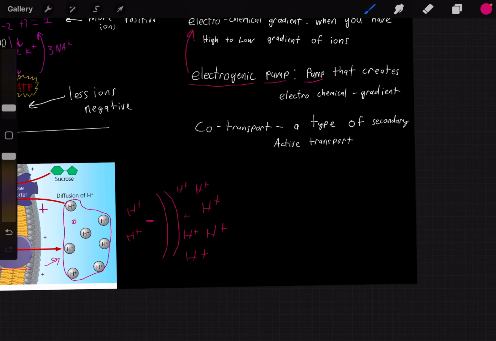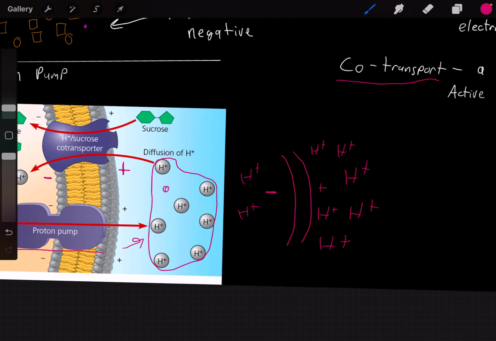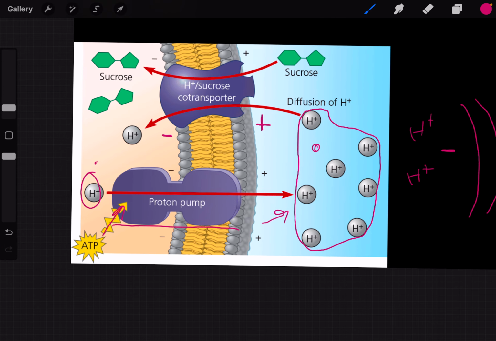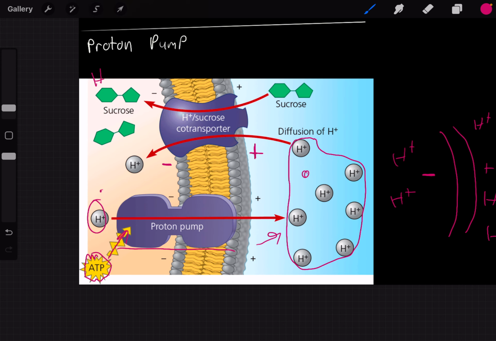Now we need to go over something called a cotransporter. It's just a type of secondary active transport that couples the downhill reaction. Here, the hydrogen ions are forced into a high concentration outside using ATP, the energy of ATP. But look, you have a high amount of sucrose here and a low amount of sucrose here, and we don't have ATP on the outside of the cell.